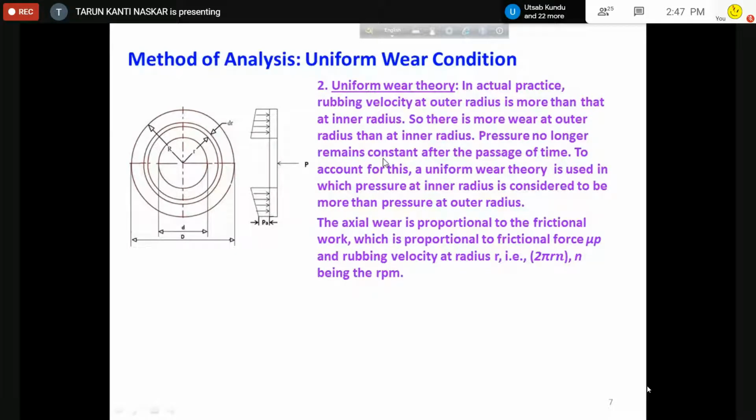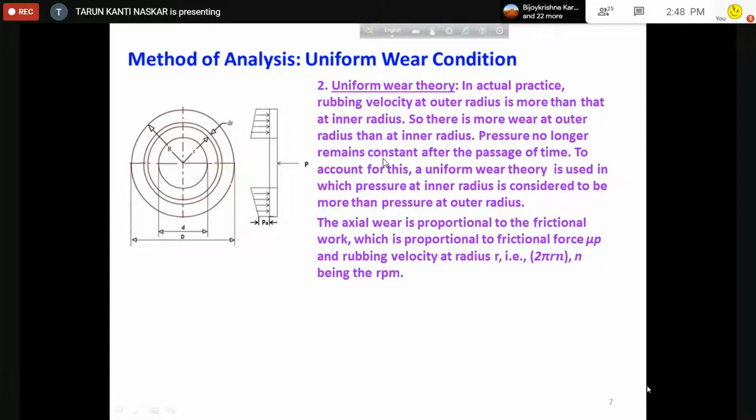So since contact will be absent, the wear will be towards the inner radius region. So pressure no longer remains constant after the passage of time. After the passage of time, the pressure is not uniform. So uniform pressure condition will cease after some time of operation.